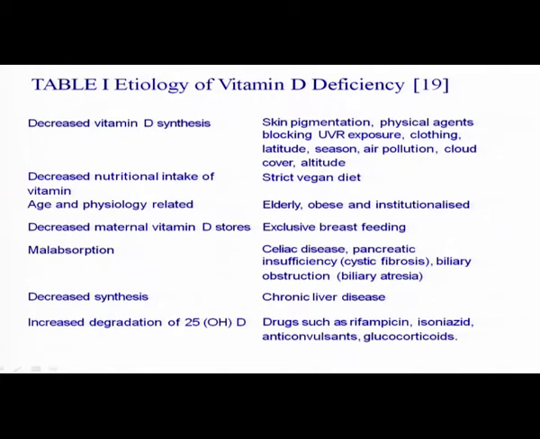For some people, there could be an inherent deficiency, or maybe there is a problem connected with vitamin D synthesis. It could be dietarily induced, where they do not take sufficient precursors required for vitamin D synthesis, or maybe they are not exposed to sunlight.